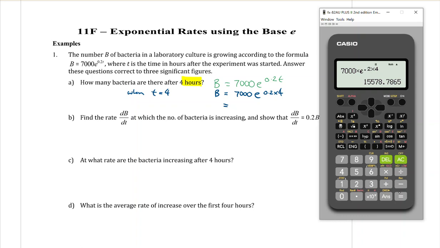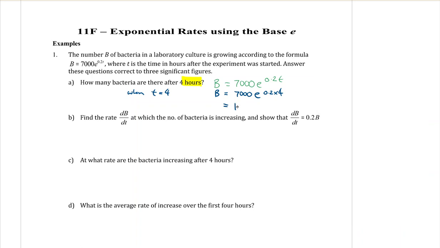After the 7 is an 8, so we're going to round up to be 1, 5, 5, 8, 0. Was it 4 significant figures or 3? That's 3. All right, sorry, so it should be 15,600. And this is the number of bacteria.